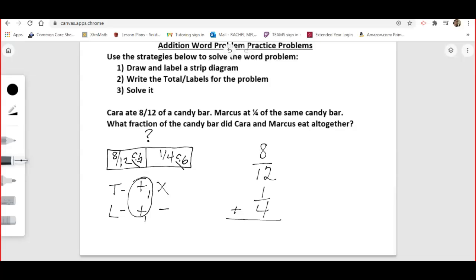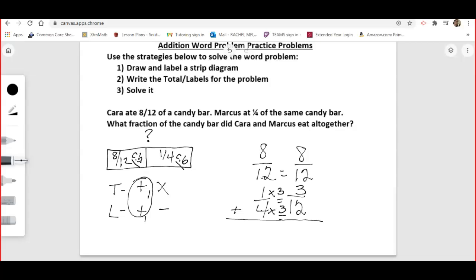So I know that because 4 can fit into 12, I can make both of these into 12ths. And since this is already 12ths, I just copy the 8. And here's where I find my relationship. So everybody, 4 times what is 12? 3. Okay, so what I do to the bottom, I do to the top. So 1 times 3 is 3.